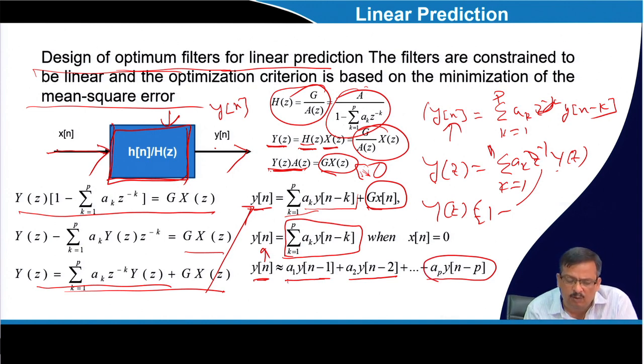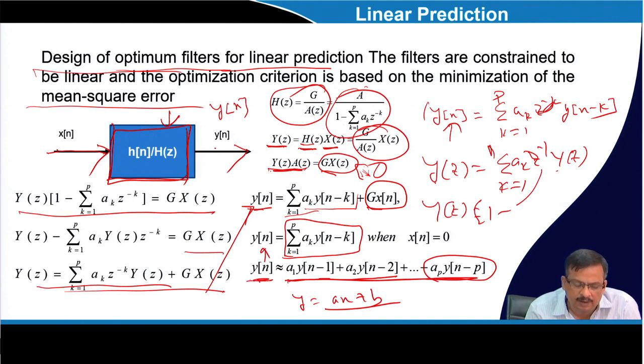This is a linear equation. Y equal to a x plus b is a linear equation. So, that is why I can say that y n can be predicted or generated from the linear combination of the previous inputs.